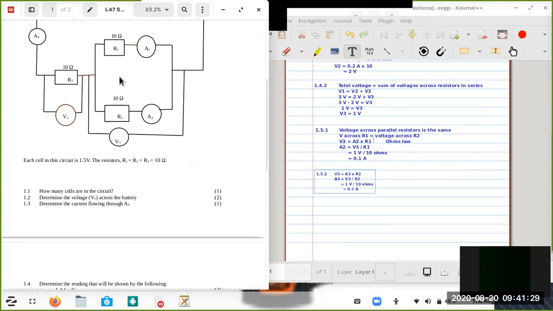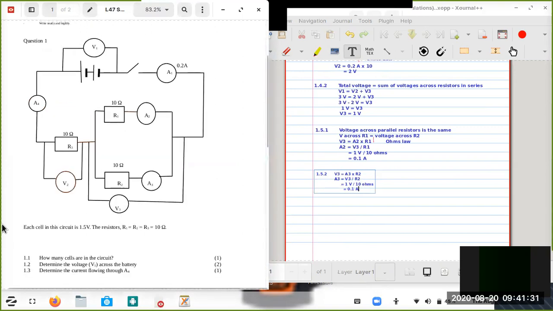The reason being that the resistance for resistor 1 and resistor 2 is the same. So the amount of current that is going to flow through the resistors is also the same. Why is it the same again? Remember, parallel components share the current, right? So the current is 0.2.